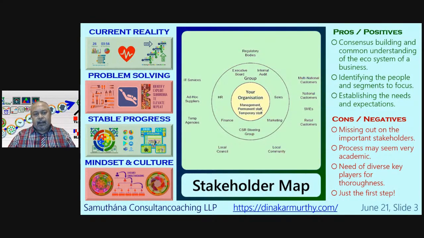And after that, on Tuesday, I spoke about the application of stakeholder mapping. One was for current reality, to understand who the stakeholders are so that the current reality can be assessed based on the perspective of the stakeholders. Why is it required?